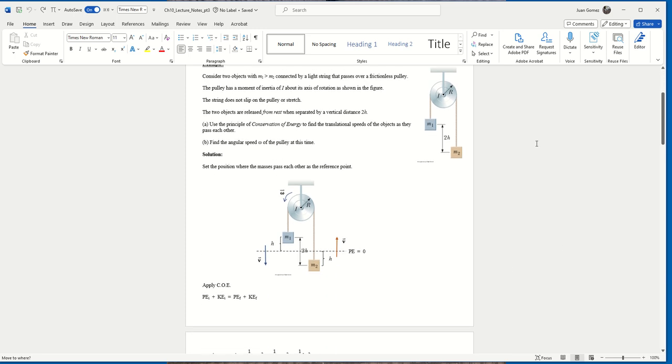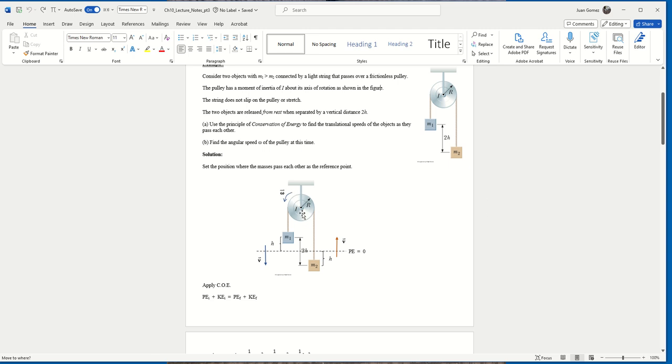In other words, and again, we don't want to overthink when we talk about the system, the system is simply M1, M2, and the pulley. When the system is released from rest, M1 will move downward with the speed of v. M2 will move upward with the same speed v. The pulley will rotate with some angular speed omega.